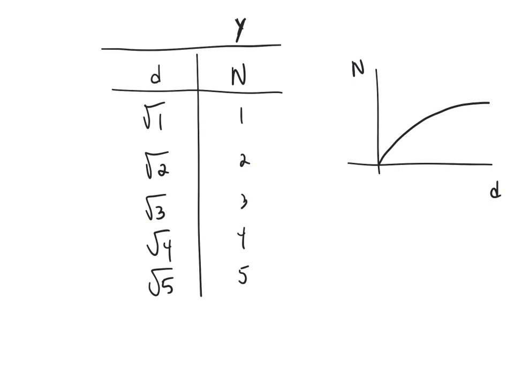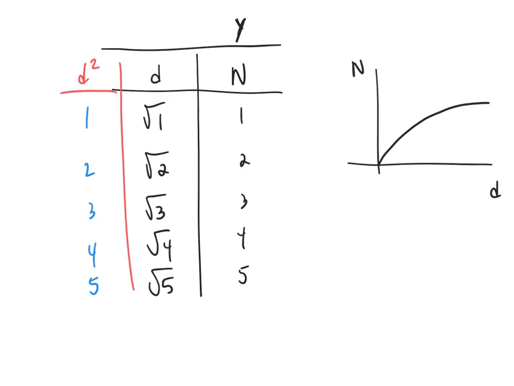So this is the data I should have given you, and then in order to linearize this data, we can simply square all of these d values. And if we square them all, the results we get are just 1, 2, 3, 4, and 5. And then what we'll notice is that if we plot n, the number of coffee filters, on the y-axis, and we plot d squared, which is really v squared, on the x-axis, now the relationship is absolutely linear.